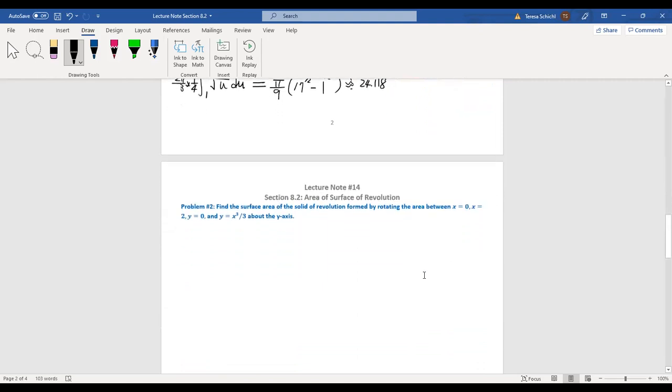So let's take a look at the same problem here, right? Now let's take a look at how we do it if I'm rotating along the y-axis here. All right. So let me do the graph again.